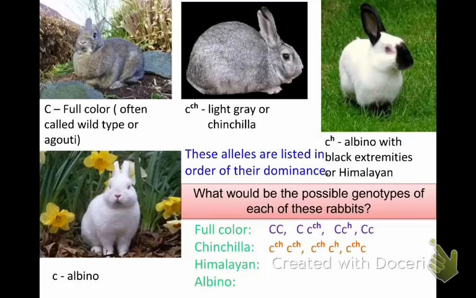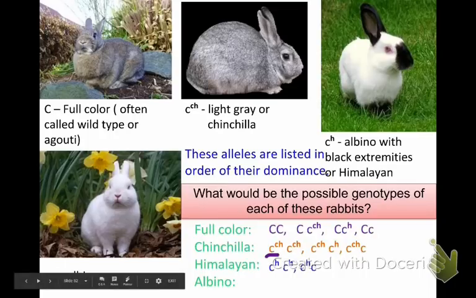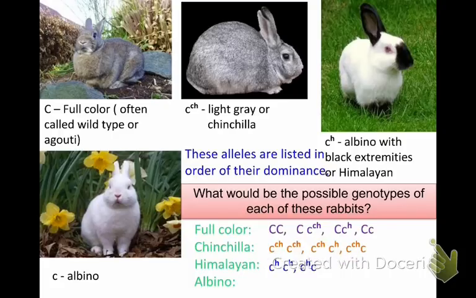Who's the least in charge after that? As long as it has one of these, then it's good. Himalayan can be C^hC^h or C^hc. That's it, right? And last but not least, what should albino be? You guys got it.